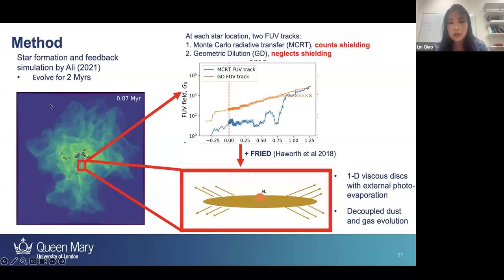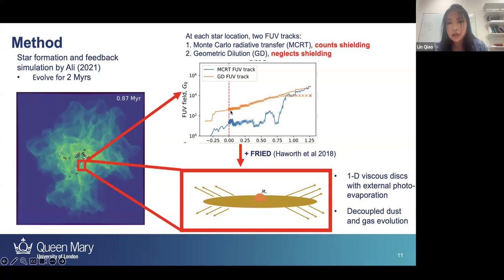It is evolved for 2 million years, and for each star generated in this cluster, we track the FUV field history at its location over time in 2 ways. One via Monte Carlo radiative transfer, which accounts for the effect of gas cloud attenuation of the FUV photons, therefore counting the cloud shielding effects.